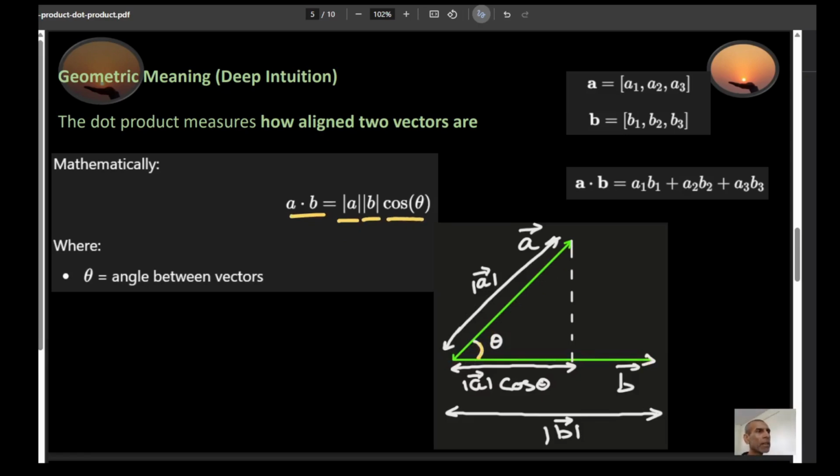So this is the angle between A and B. The magnitude of A would be the length of vector A, and the magnitude of B would be the length of vector B right here. So your A dot B would be equal to the length of this multiplied by length of this multiplied by cos of the angle between two vectors. That's what your dot product means.